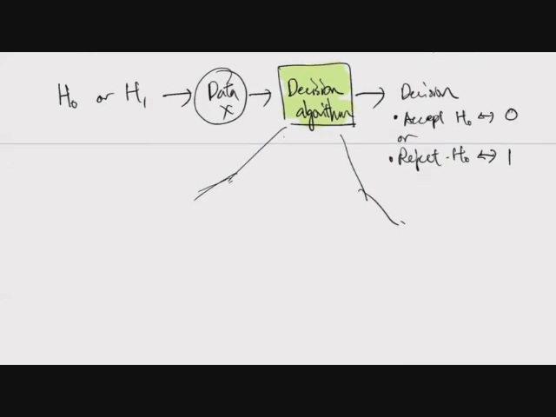What's happening here is that we're always going to compute the test statistic T of x.